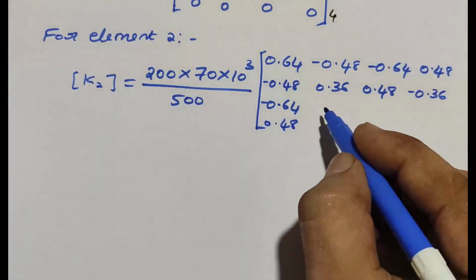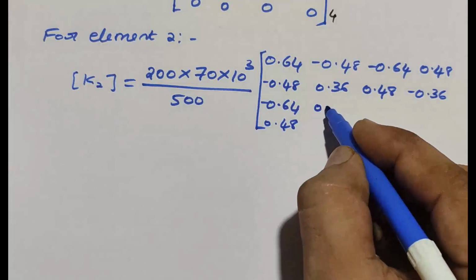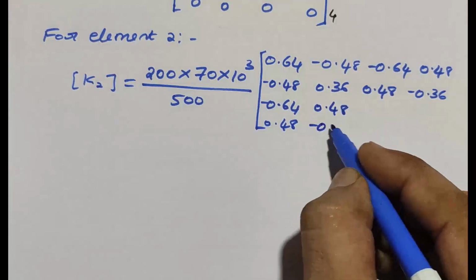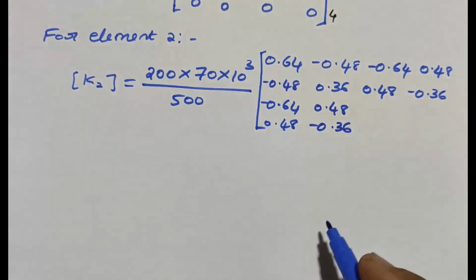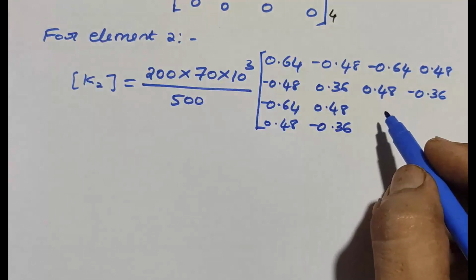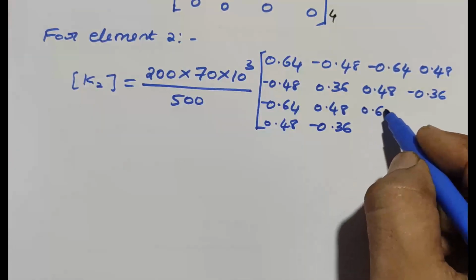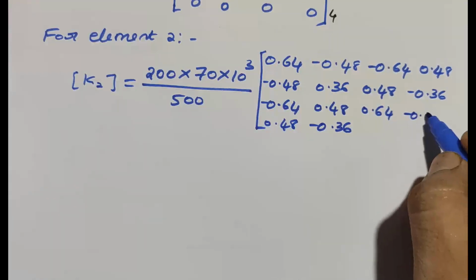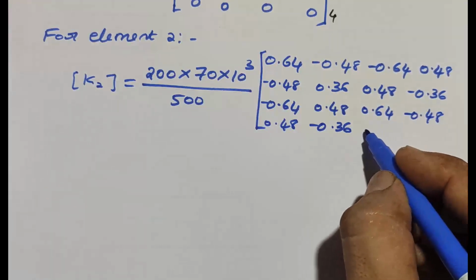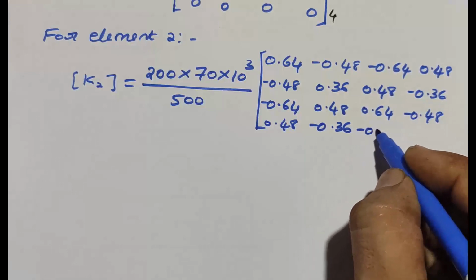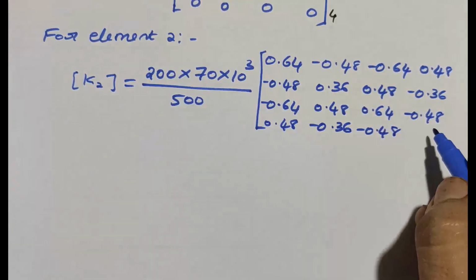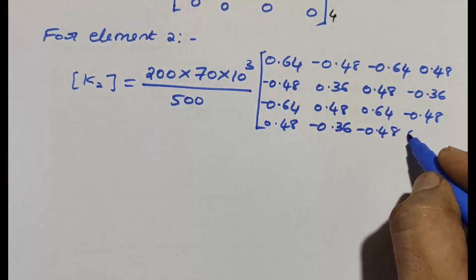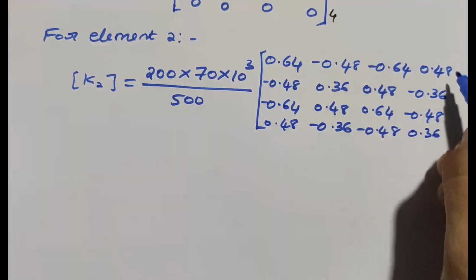Due to symmetry, here I can write 0.48, minus 0.36. Next, here we need L square, it is 0.64. Here we need Lm, it is minus 0.48. Due to symmetry, here I can write minus 0.48. M square, it is 0.36, 0.36.